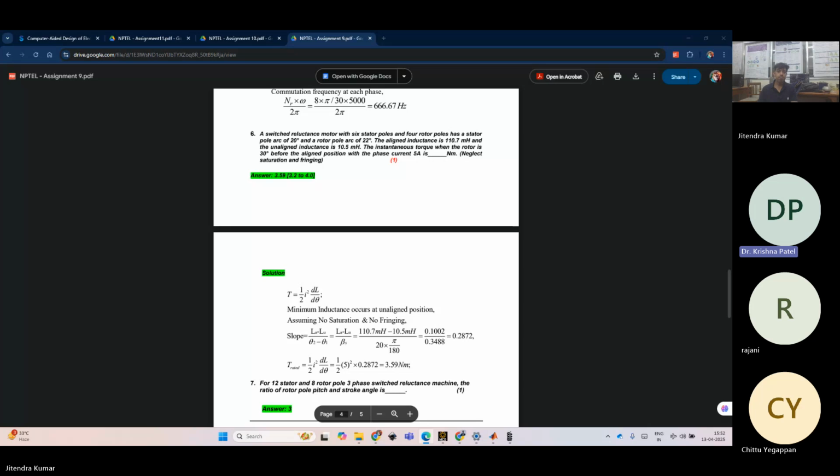Sir, whatever is shown in the solution, the same way I have solved. Okay. But in that, this factor is not included, na? When the rotor is 30 degrees before the aligned position.